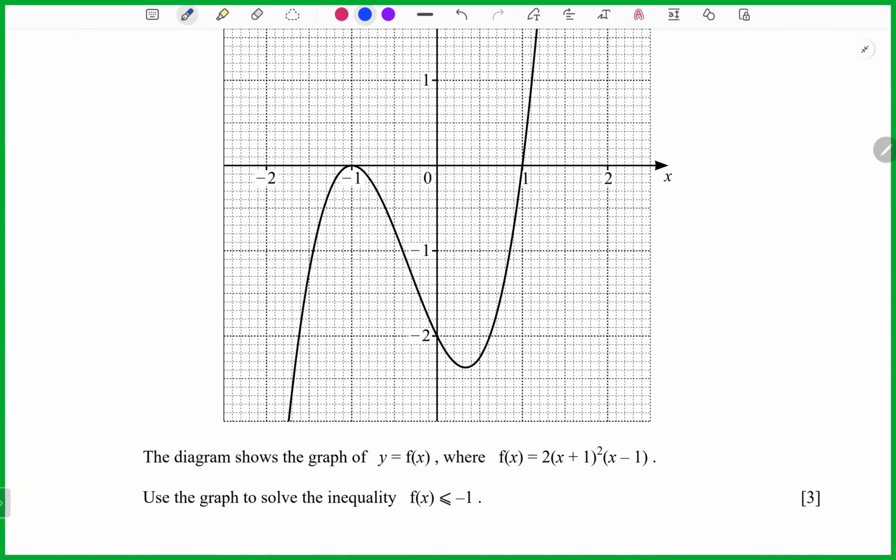After that, you need to find the point of intersection. So now we can label.